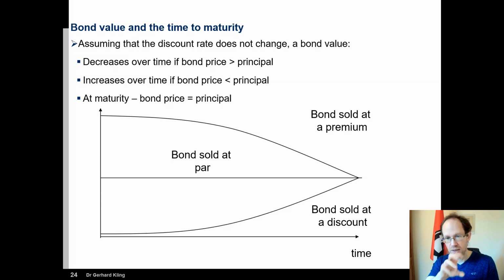But at the end you see that it concentrates on one point, and this has implications of course if you look at the variance of your bond price. At one point it has to collapse to zero basically, because at one point things are certain at the point of maturity.